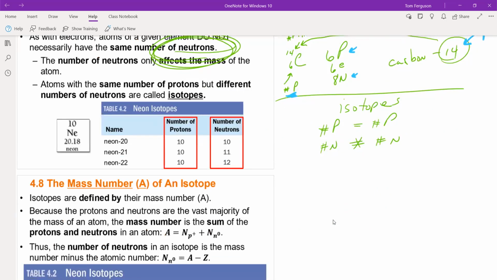And the other way to write neon here would be, so we have neon 20, 21, 22. The other way to write the isotopes would be like this. Okay, does that make sense?